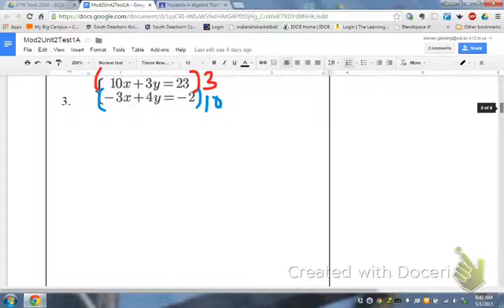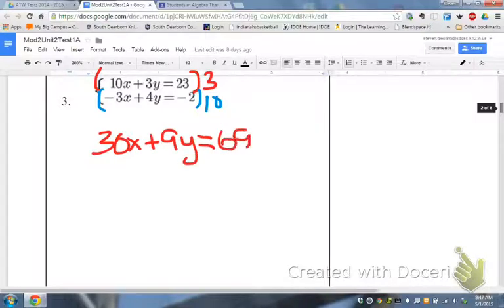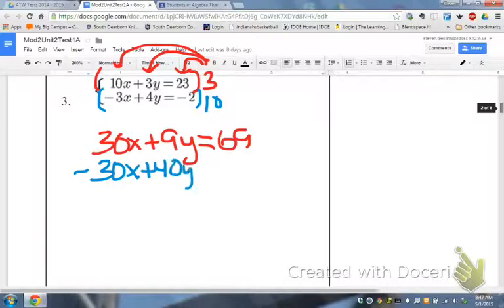So our new first equation, multiplying by 3, is 30x plus 9y, and it equals 69. Remember, you have to multiply everything by the 3. The biggest mistake I've seen so far is that you guys forget to multiply the 23 by the 3. The new equation from the bottom is negative 30x plus 40y, and it equals negative 20.